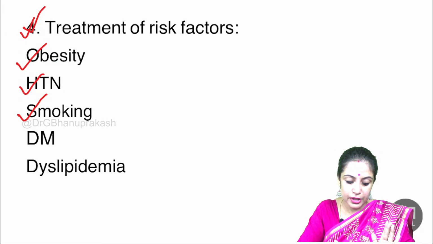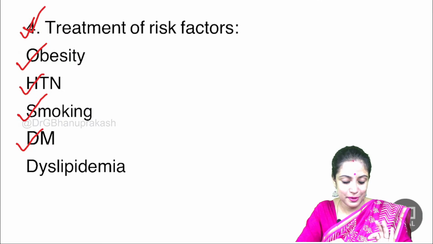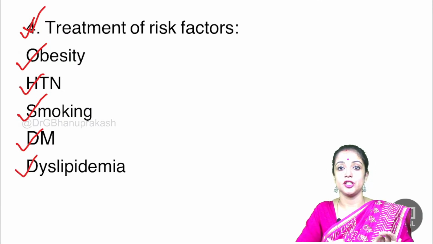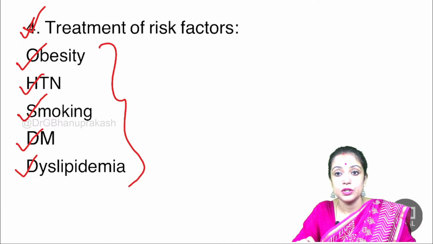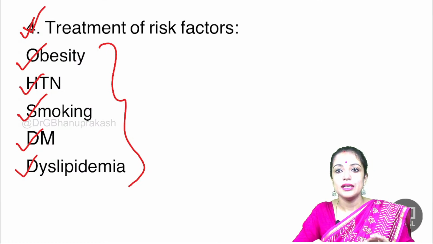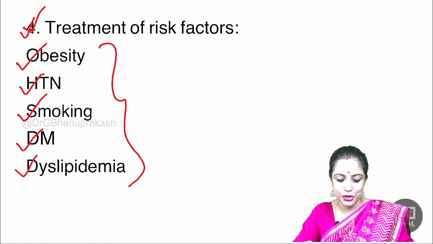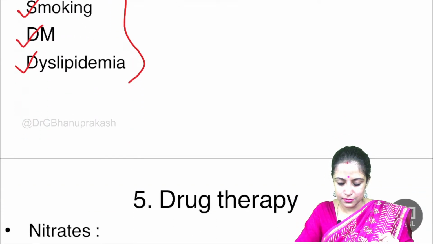We need to control the blood sugar level in a patient with diabetes mellitus, and we definitely control or treat dyslipidemia. These are the important risk factors which need treatment. We want to reduce future cardiac events in the patient with stable angina. In this lecture, I will not discuss the treatment of these risk factors. I will discuss them in class.